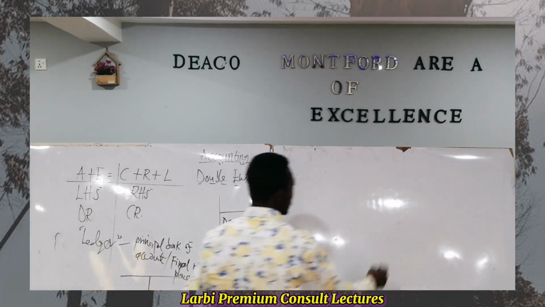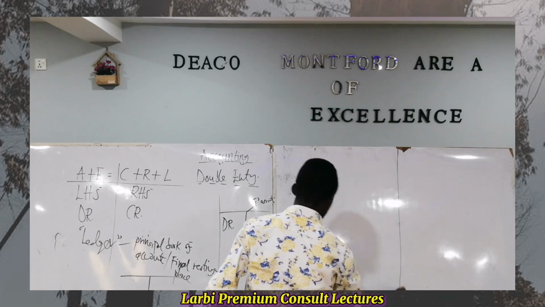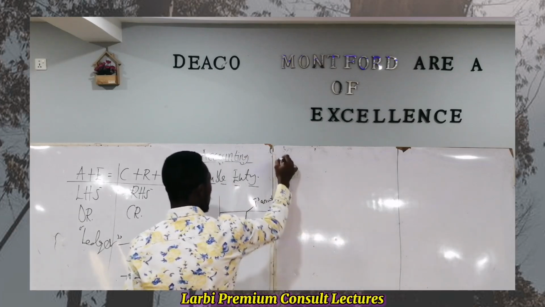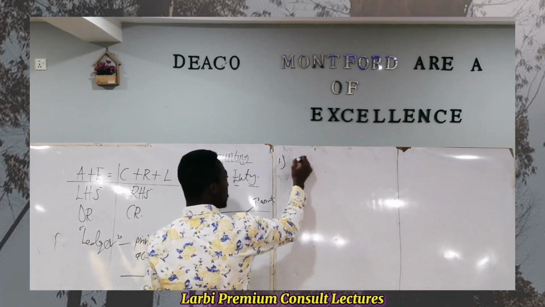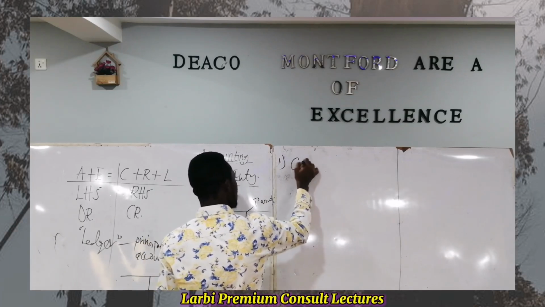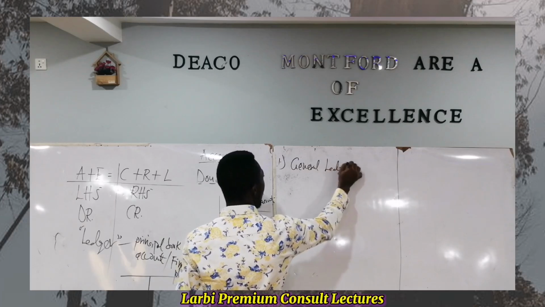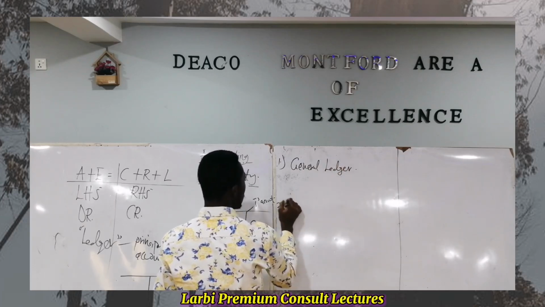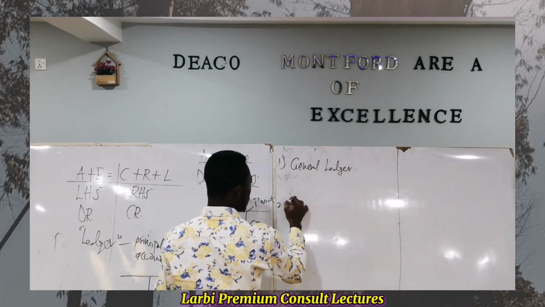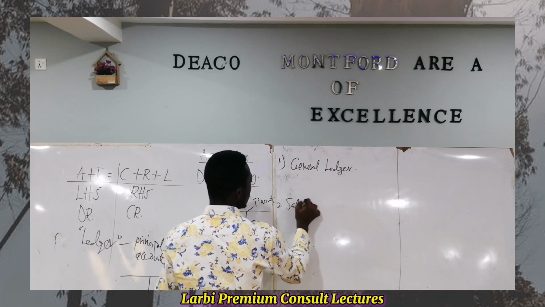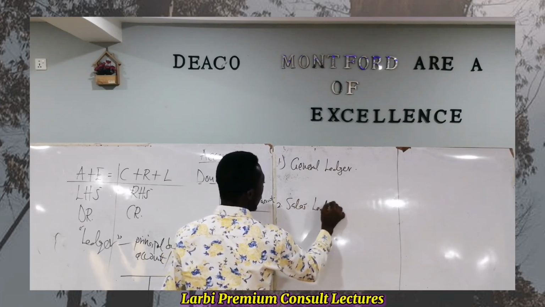So what are the various types of ledgers that we have? One, the first one, we call it the general ledger. Two, we have the sales ledger.